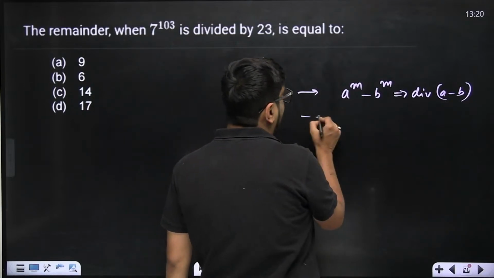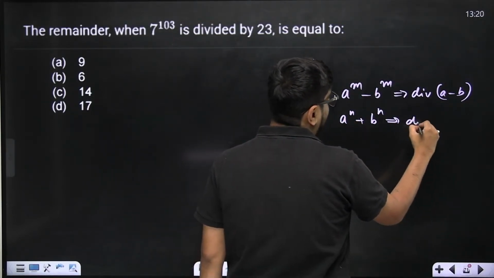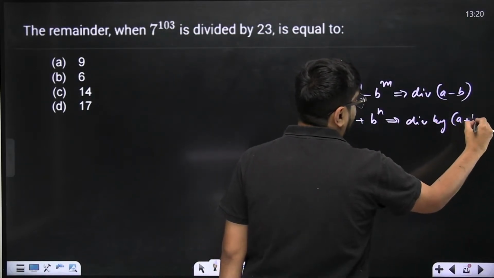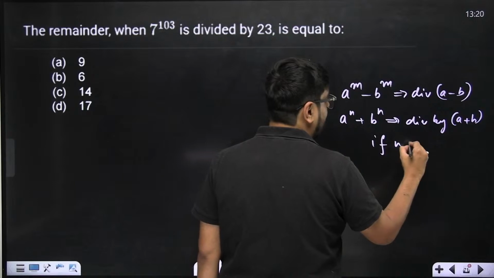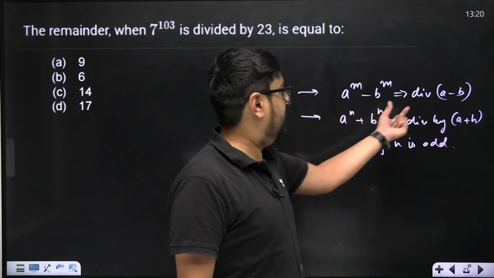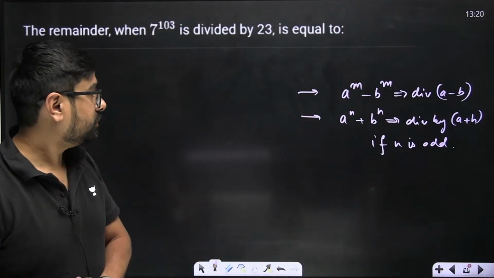Similarly, a to the power n plus b to the power n is divisible by a plus b if n is odd. Only if n is odd, then a to the power n plus b to the power n will be divisible by a plus b, right?